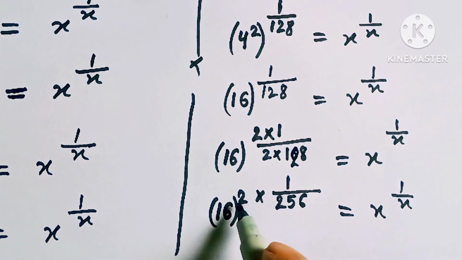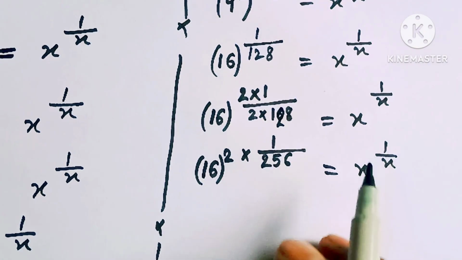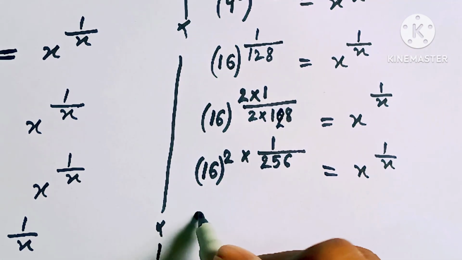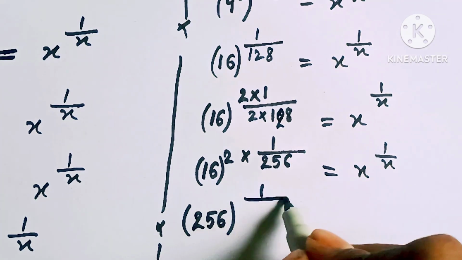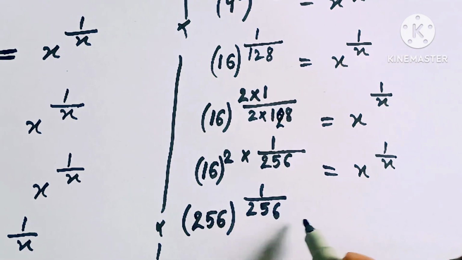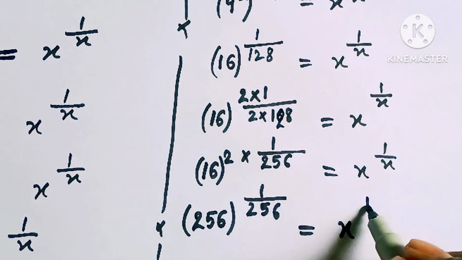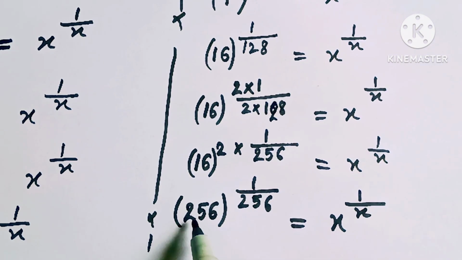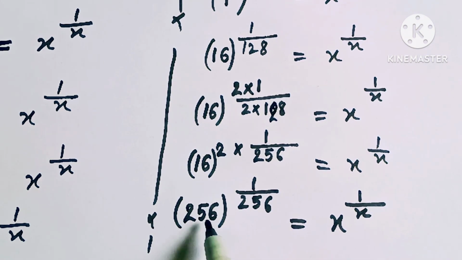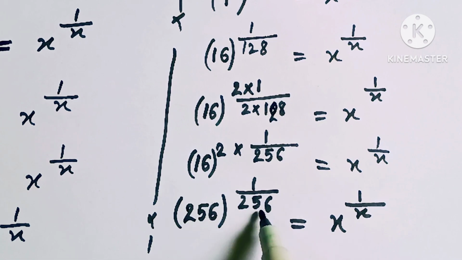Now 16 to the power 2 is 256, and this power is 1 by 256, that is x to the power 1 by x. Now we can easily compare 256 and 1 divided by 256.